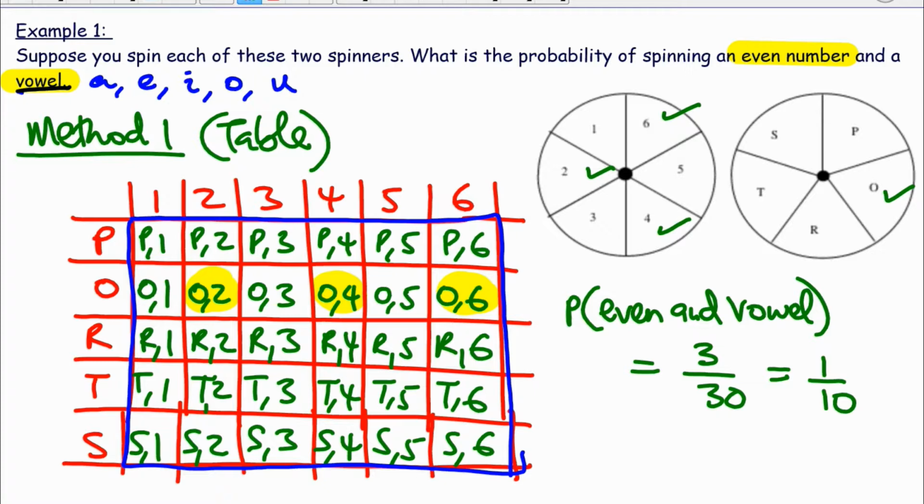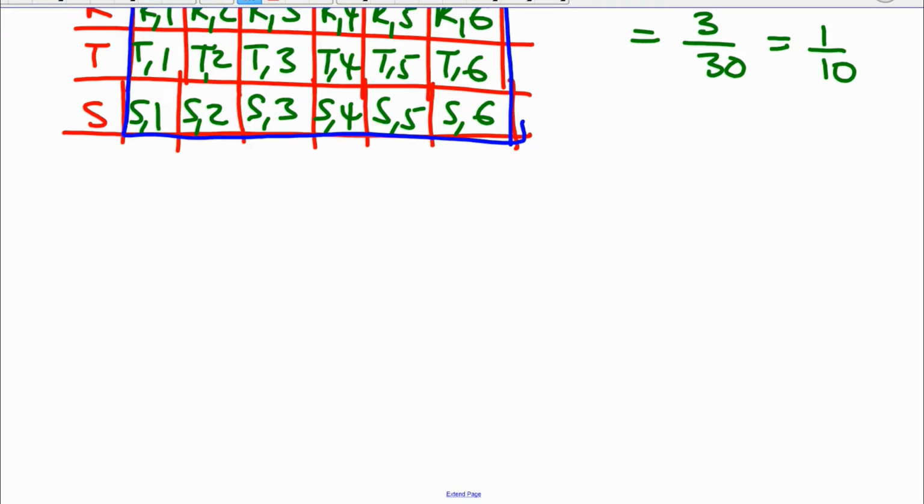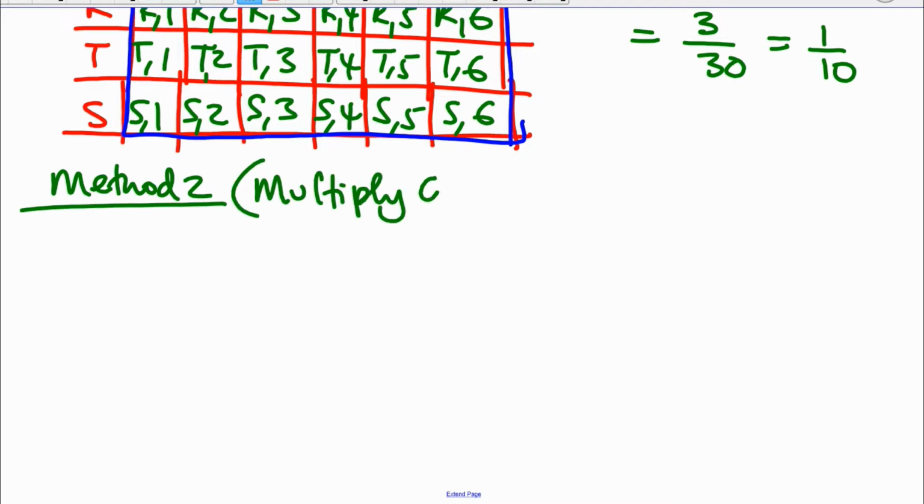Method 2. For method 2, we can find these probabilities by just multiplying corresponding probabilities.